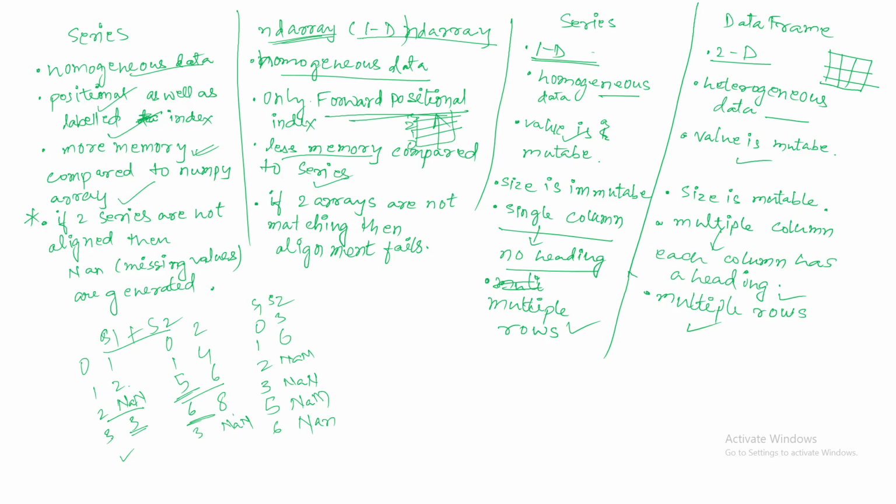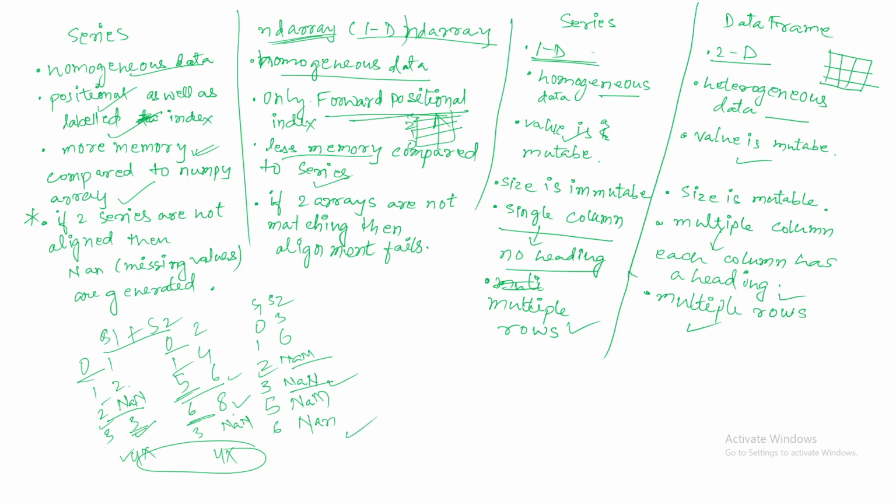So first it will check the series index in ascending order, then align 0 index, 1 index. 2 index is here, but here it is not, so at 2 place NaN will come. 3 is mentioned in series 1, but series 2 not, so that is why NaN. Now 4 is not here, and not here either, so it will not display. Whatever index has been given, only that will be shown. 5 is here, but it is not available in series 1, so that is why missing. 6 is in series 2 but not in series 1. So like this it will display.